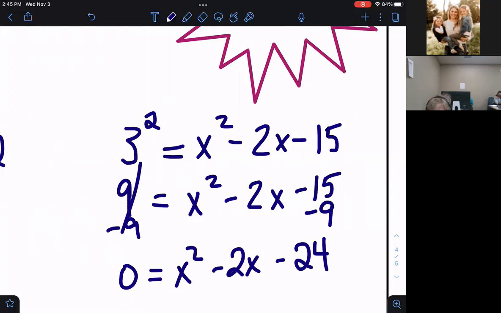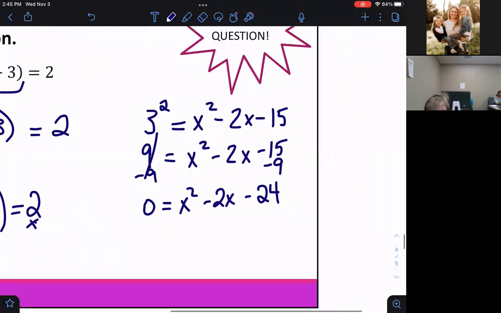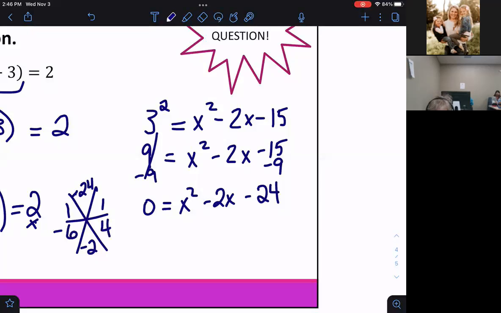So now we have a quadratic, we've got 0 on one side. We want to go ahead and factor. If I factor this using the asterisk, I'm going to have 1, 1, negative 2, and negative 24. So 2 numbers that multiply to give us negative 24, but add to give us negative 2. Going to be negative 6 and positive 4.